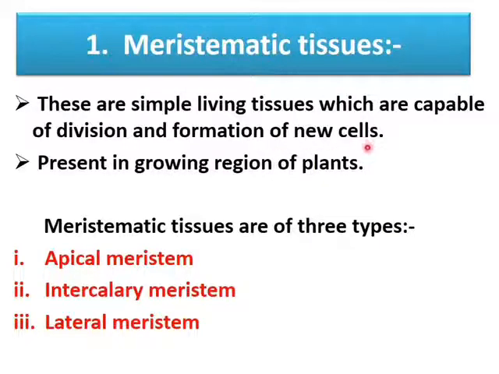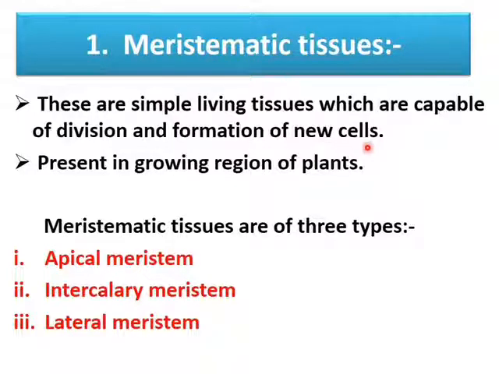It means in this type of tissue, the cells may divide and form the new cells. That is why these are present in growing regions of plants, because these can divide and form the new cells. So these are present in growing regions.